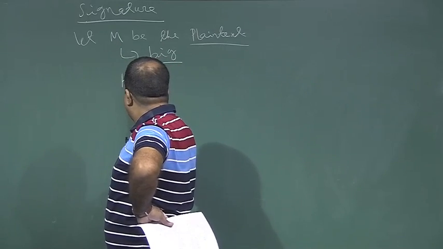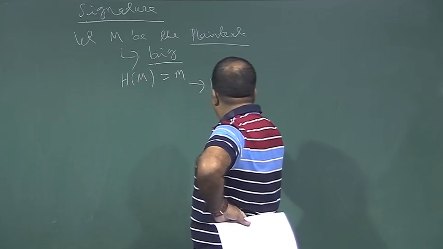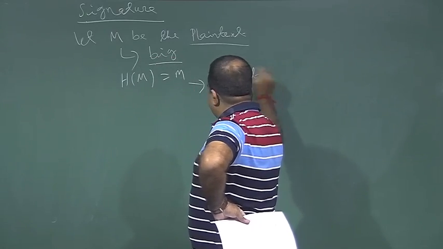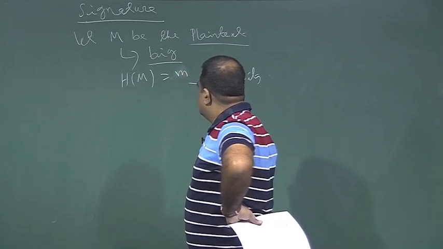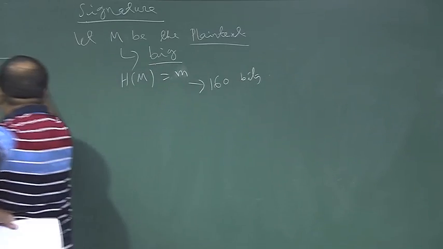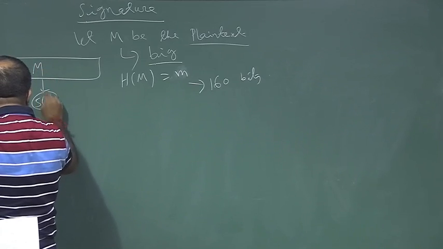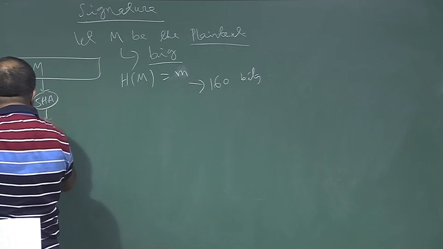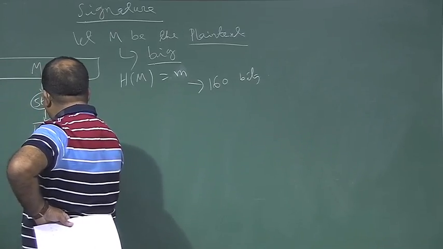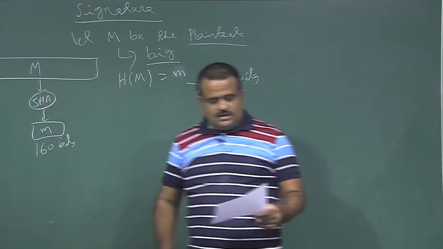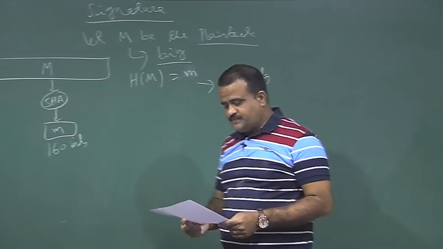If we use SHA on this, we get a 160 bit digest, small m. So, on the capital M, the signer has to apply H and get this 160 bit digest.